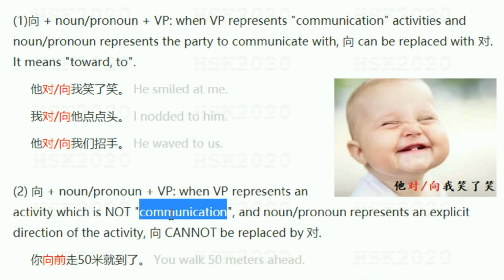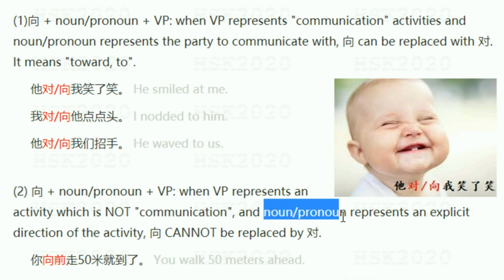Next, if the activity does not represent communication, and sometimes when the noun or pronoun represents an explicit direction of an activity, 向 is different from 对. For example, 你向前走50米就到了. 向前, so this is a direction. You walk 50 meters ahead.